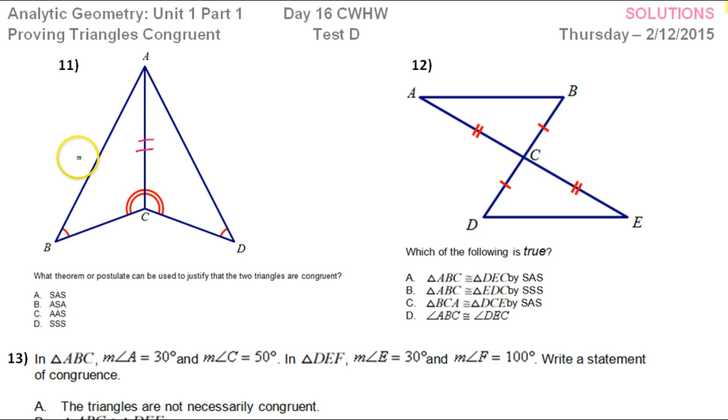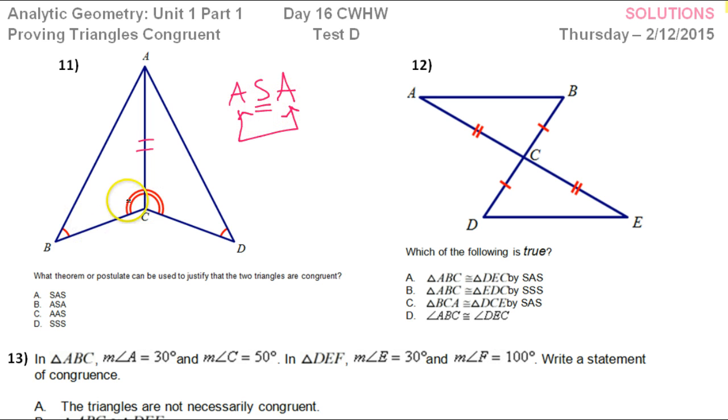It's not going to be angle, side, angle, which is what you would get if you sort of went around the clock this way. You might say angle, side, angle. That would be wrong because if you're going to choose angle, side, angle, you need two angles with the side in between them.